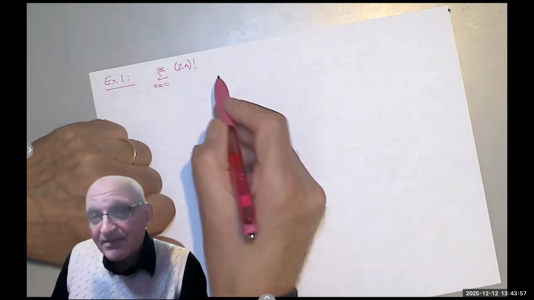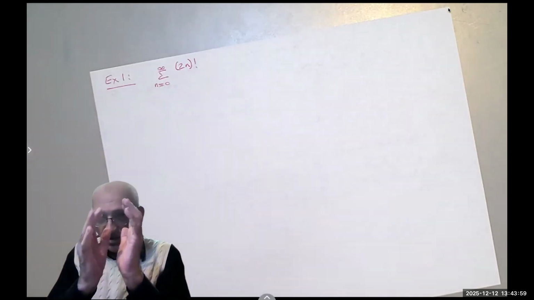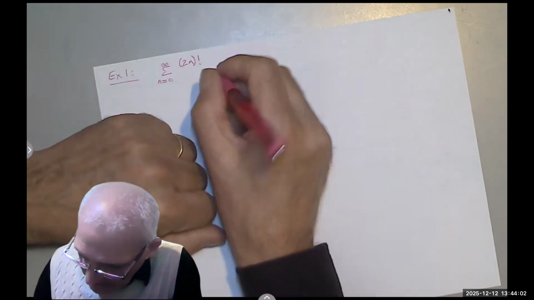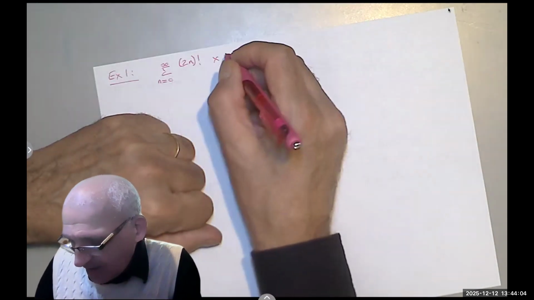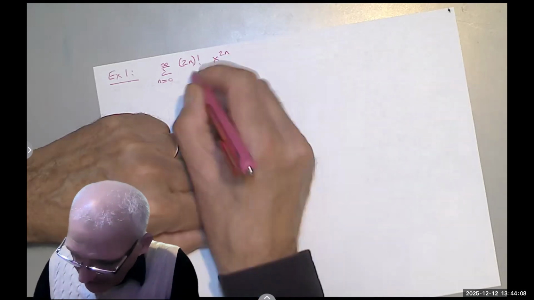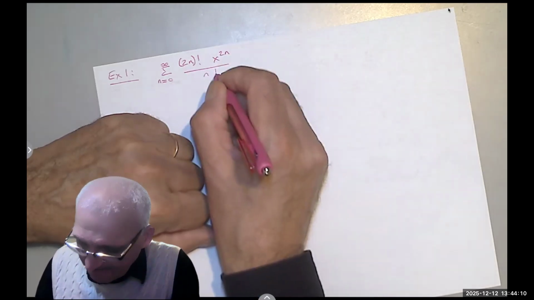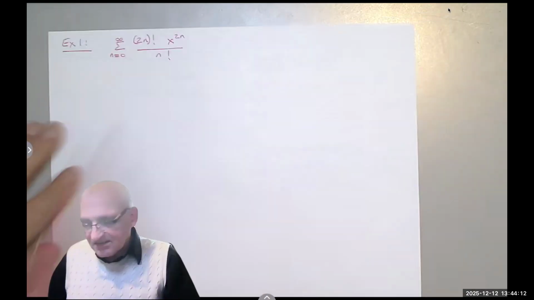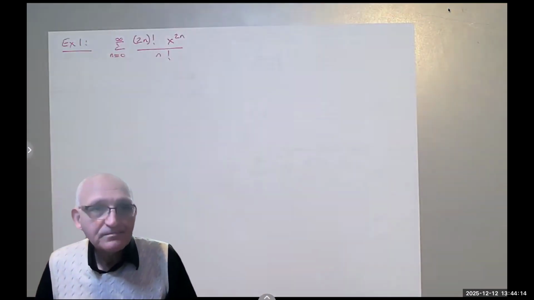It's not 2 times n factorial, no, 2n, but all of it factorial times x to the n, or maybe you can also make it 2n over n factorial. Where does it converge? Okay.